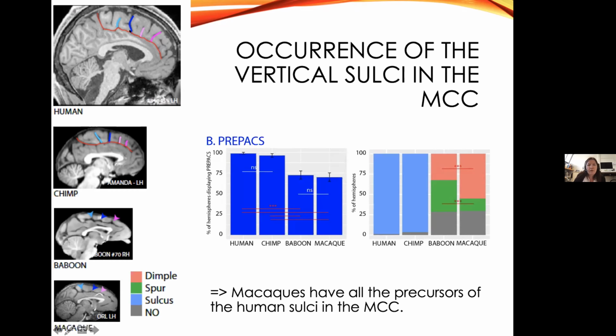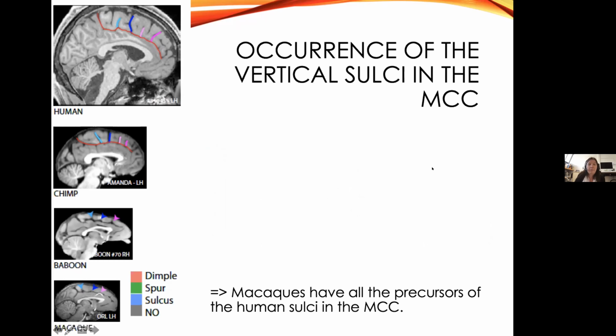For this sulcus here, the pre-paracentral sulcus, we can see again a difference between hominids, human and chimp on one side, and baboon and macaque on the other side, but still baboon and macaque display this sulcus really often. Again, we see the same organization, with sulci present in human and chimp, more a spur in baboon and more a dimple in macaque.